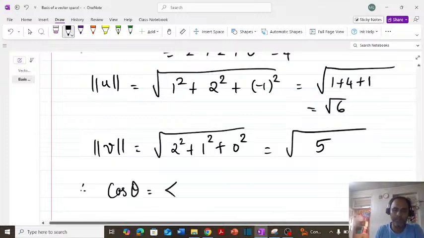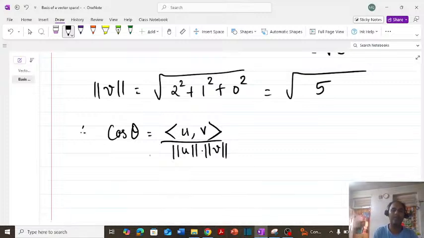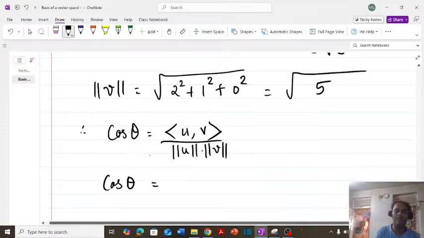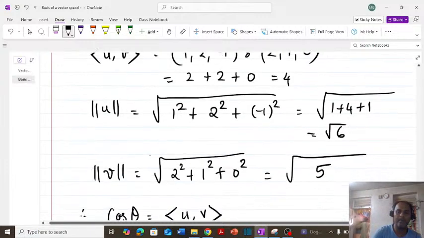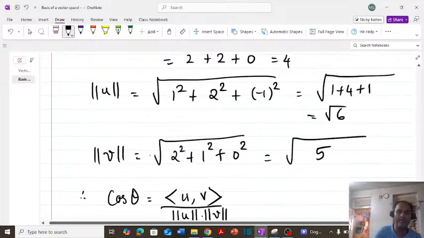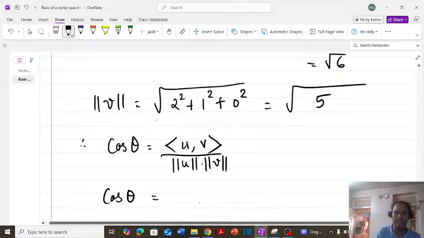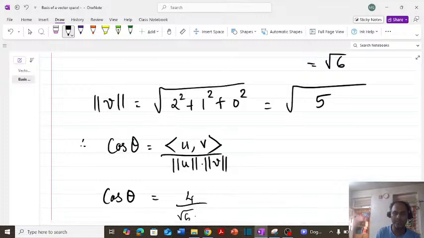Okay, so therefore cos theta is equal to inner product uv over norm u norm v. Followed this? Okay, so cos theta will be, we have already calculated, right, 4 over root 6 into root 5.